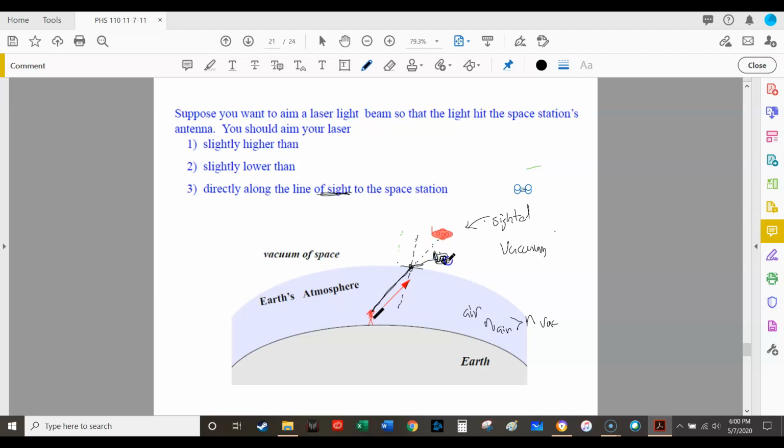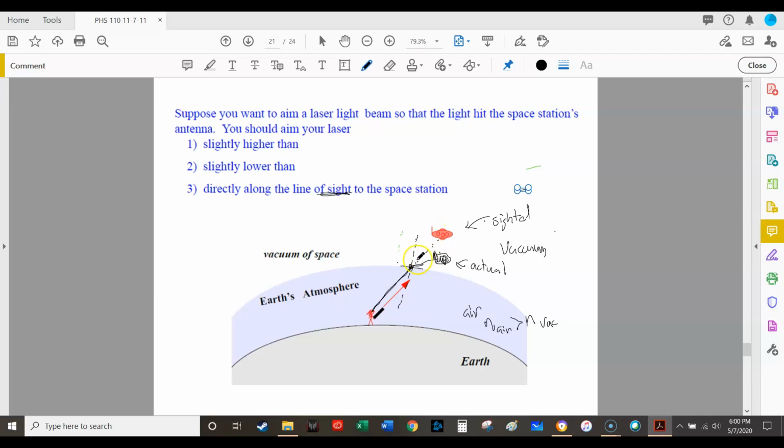Interesting. So in a less dense medium, it actually is also below where you sight the space station. So here's where the actual space station is. So should you aim at what you think the actual space station is with the laser beam, or what the sighted space station?